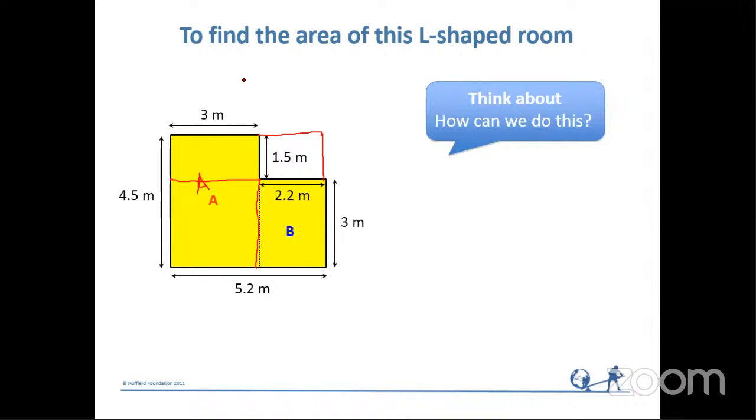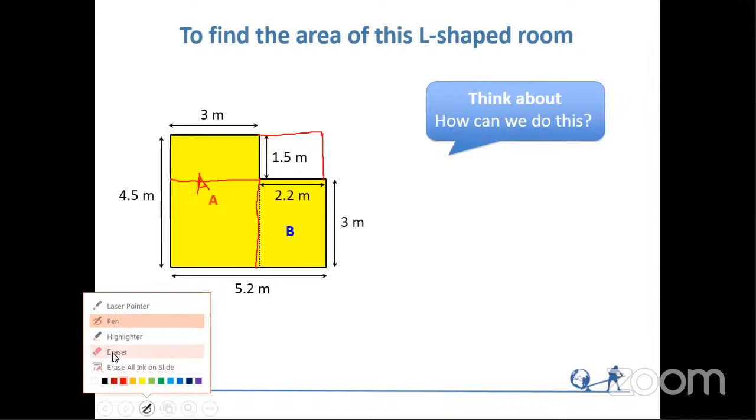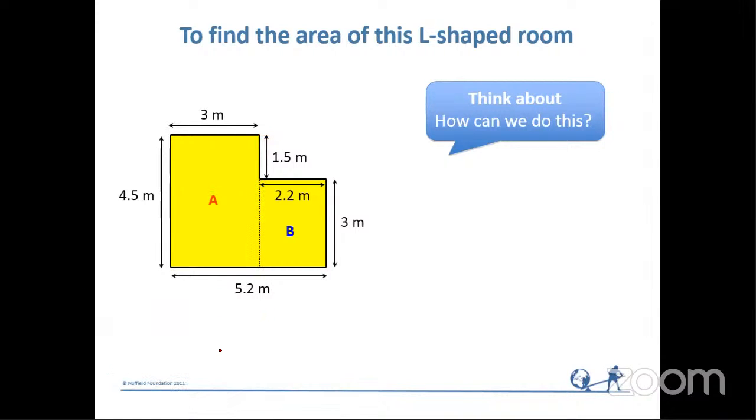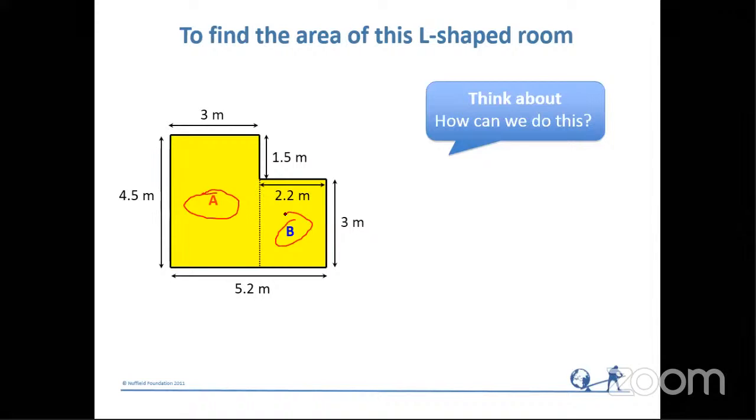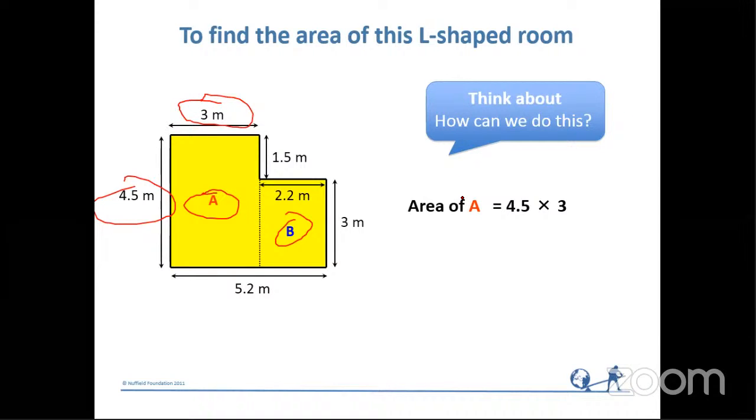So if the separation is done that way, let me first rub off some of this. If the separation is done like that, and we have our A and B, I would say the area of A is 4.5 times 3, and that would give us 13.5 meters squared.